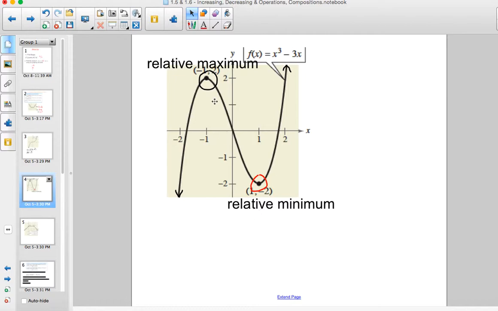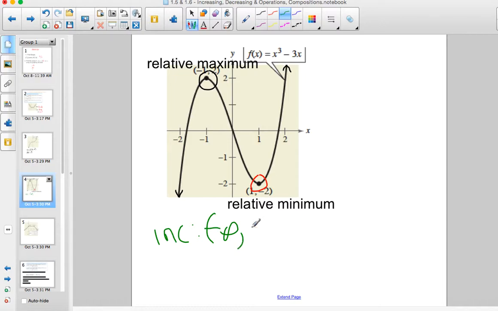Same exact stuff. So we would say here we have a graph that is increasing. And where is it increasing from? Well, it's increasing from negative infinity until we hit that relative maximum, which again, we only want the x coordinates here, so until -1.